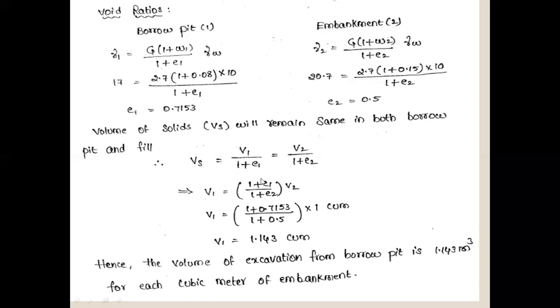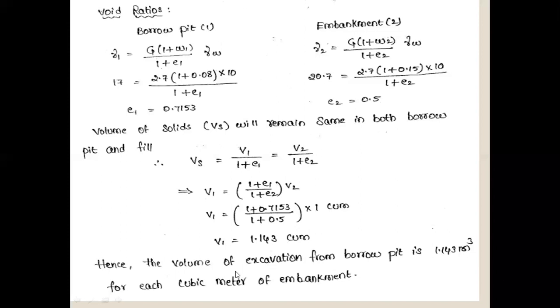So V1 equal to 1 plus E1 divided by 1 plus E2, multiplied by volume V2. Substituting the void ratio values, 1 plus 0.7153 divided by 1 plus 0.5, and V2 is 1 cubic meter. Then finally V1 equal to 1.143 cubic meters.